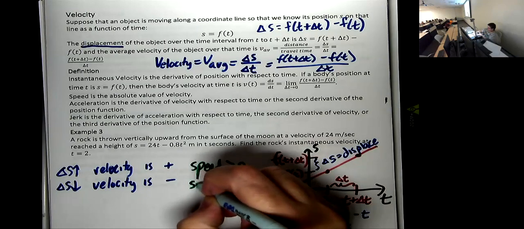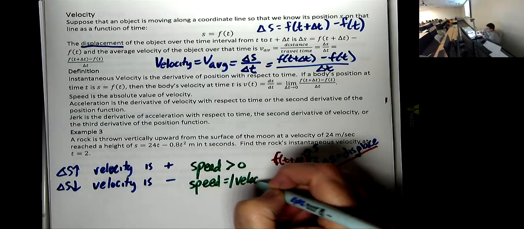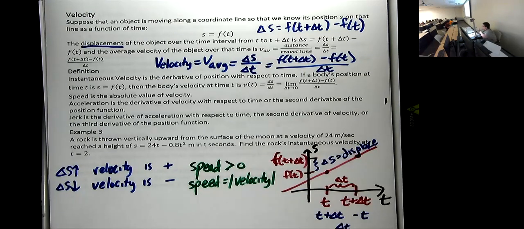So we say speed is the absolute value of velocity. It also kind of gets rid of direction. So that's the average velocity, if we're doing t plus delta t.